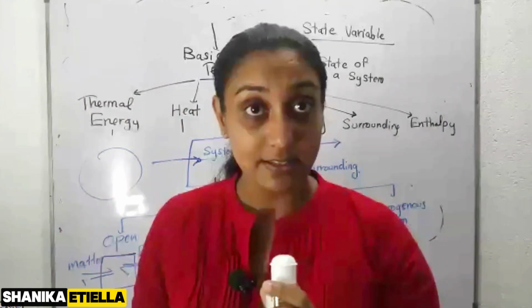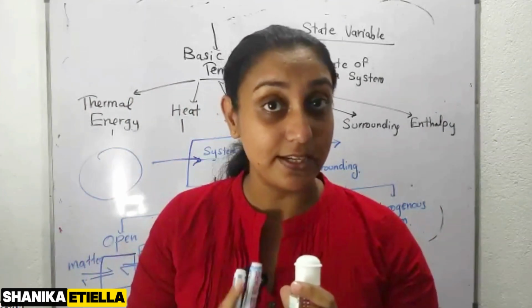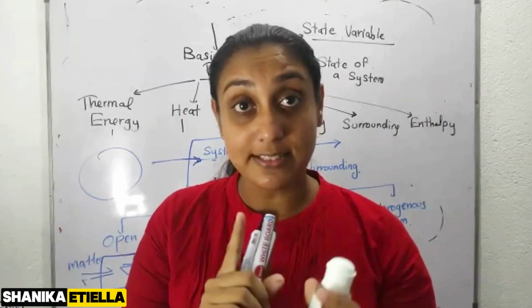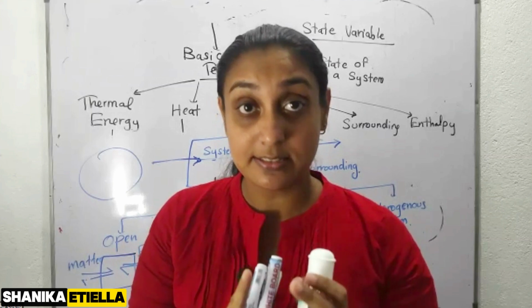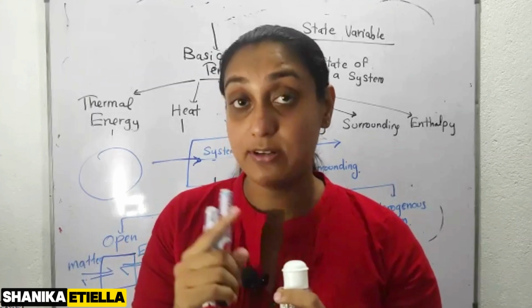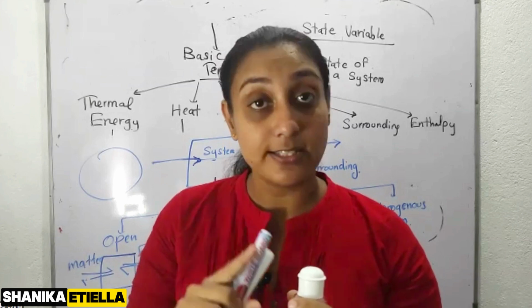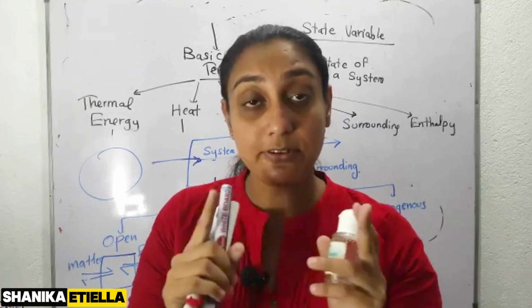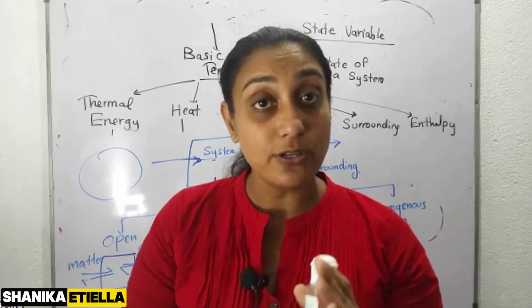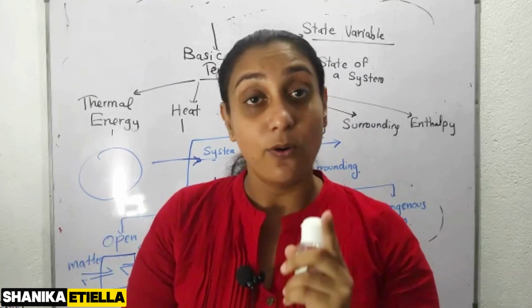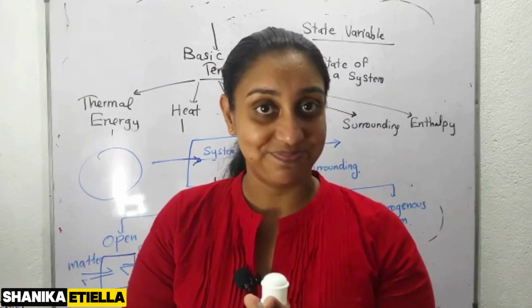Then the opposite: if the system contains only one physical state, like only a liquid phase or only a gas phase or only a solid phase, those systems are called homogeneous systems.